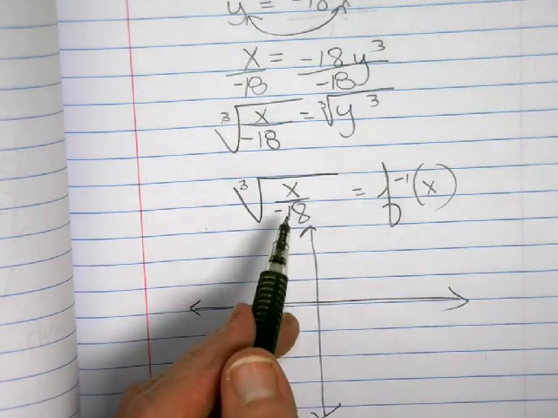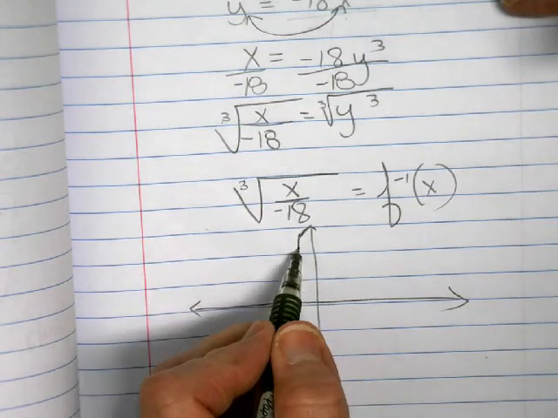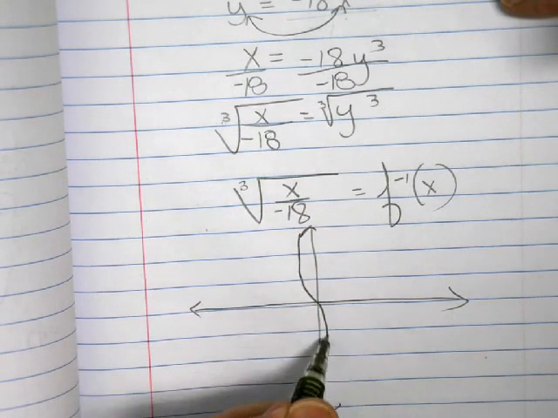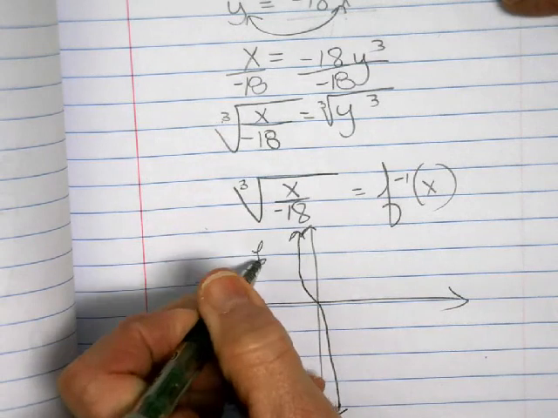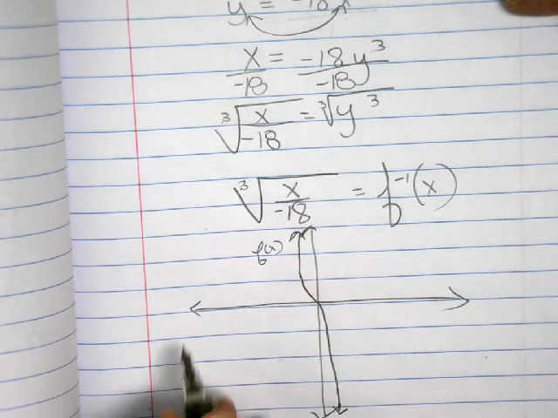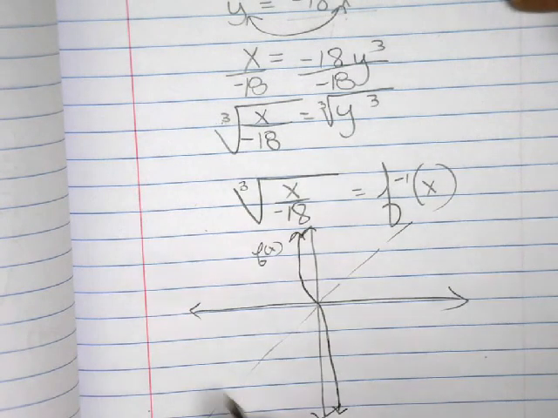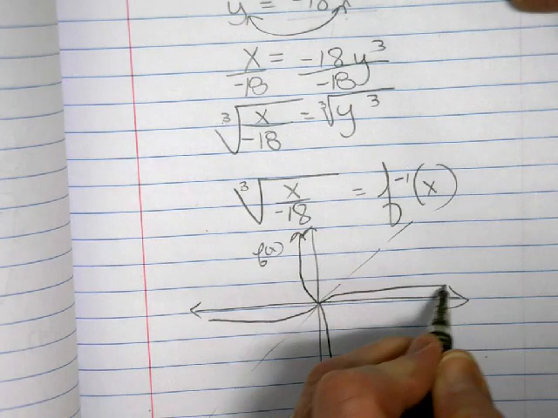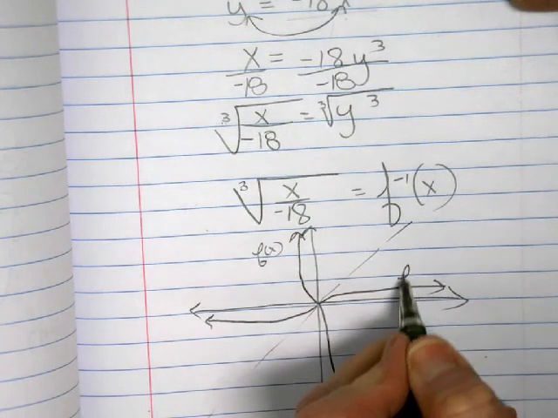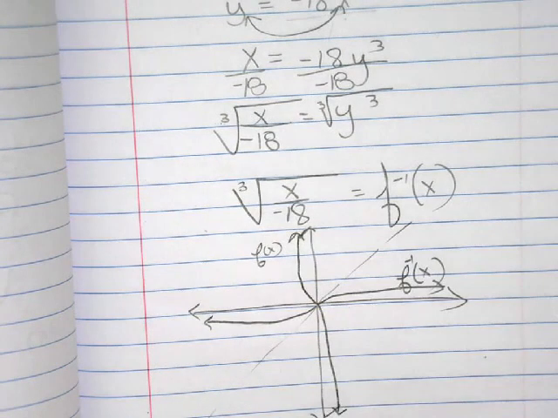And this graph has a horizontal compression of negative 18, and so that means it's going downhill very, very quickly. So this guy is the F of X, and then you see the symmetry here.